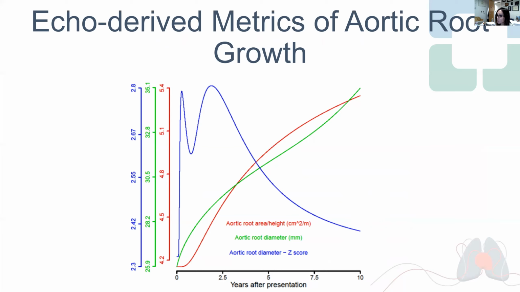As you note, both the CSA over height index as well as the raw diameter tracked quite nicely with age and were quite sensitive to the growing pediatric patient population.